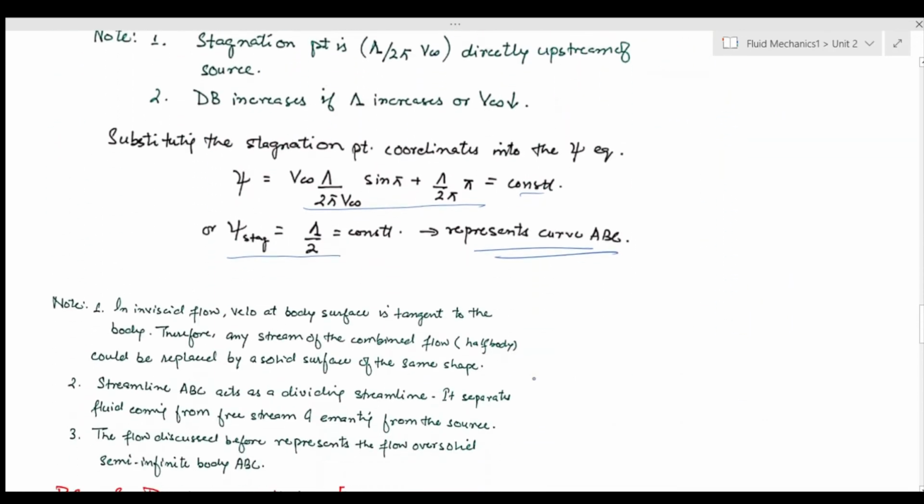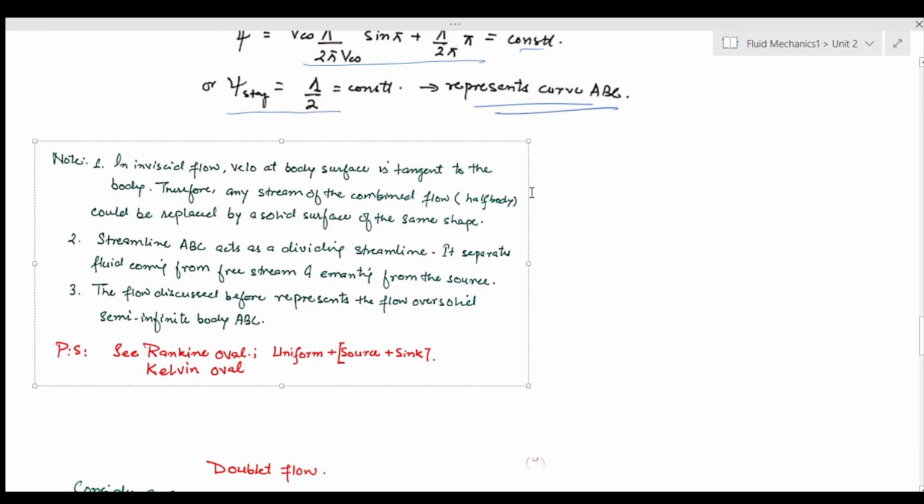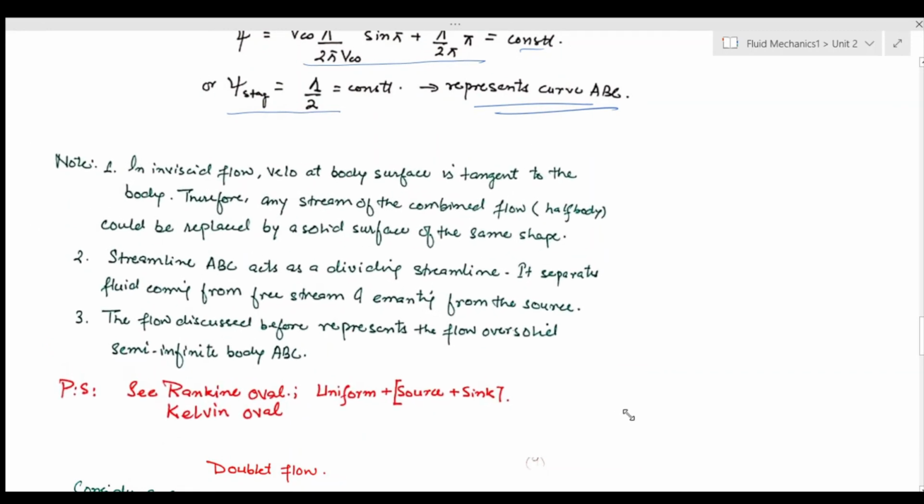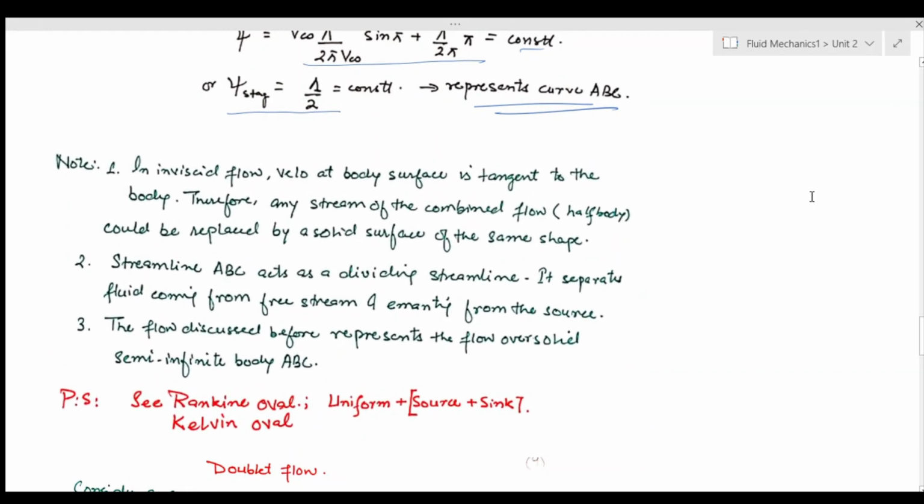Now after doing all of this mathematics, let us see if we can talk about some physics and some reality. Let's look at the point 1 which we are making. In an inviscid flow, in which there are no or negligible viscous effects, velocity at the body is tangent to the body.